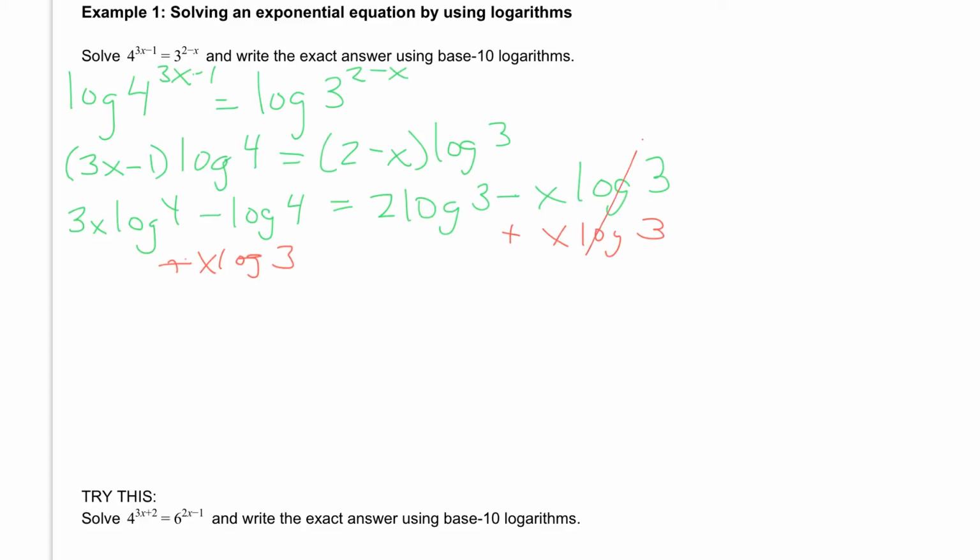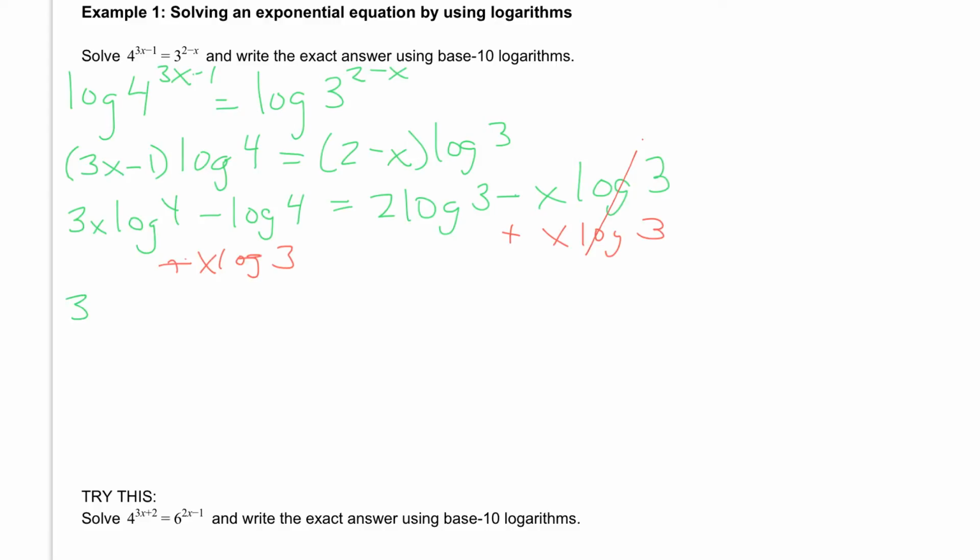And I'm also going to add the log of 4 to both sides. Actually, let's not do that. Let's do one at a time. So we'll add x log of 3 first, and let's see what happens.